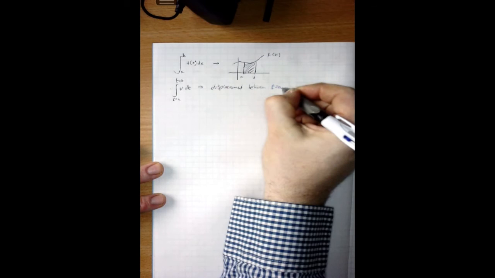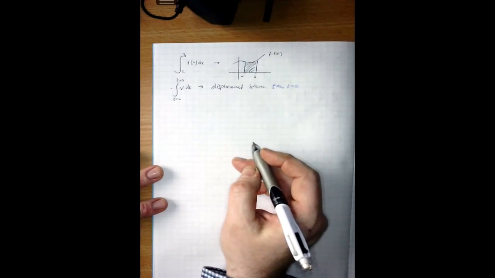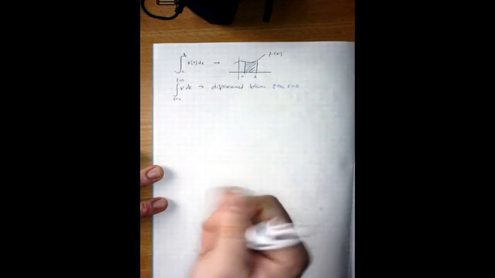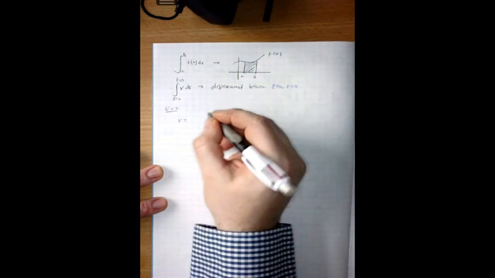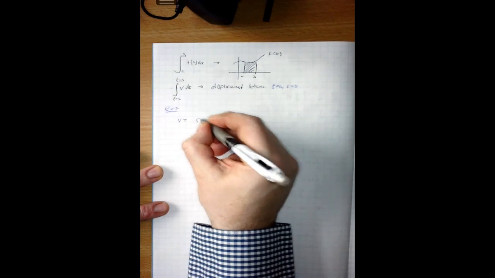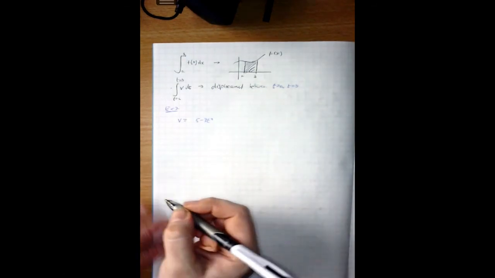I'm going to have to go to blue. So example 7 wants the distance travelled between two values of t. It tells me v is 5 minus 3t squared.